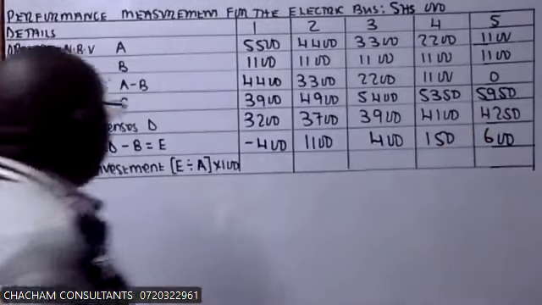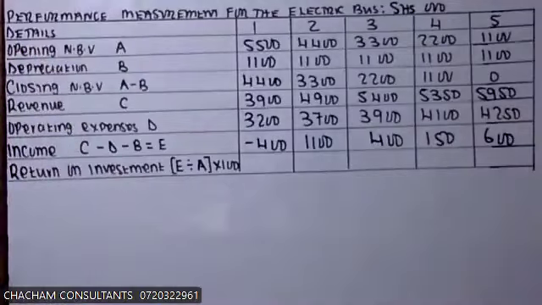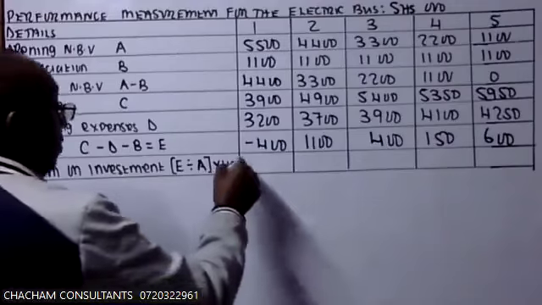So let's get the return on investments. Return on investment. Negative 7.27%.